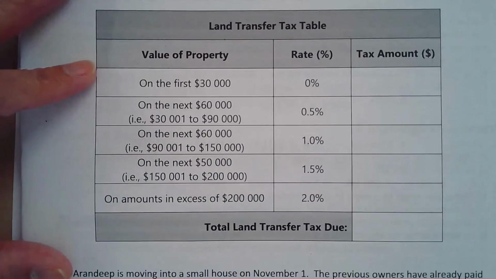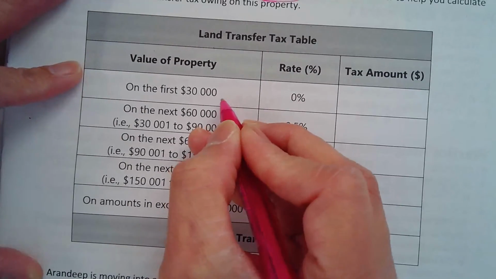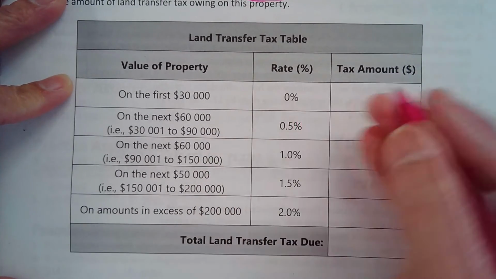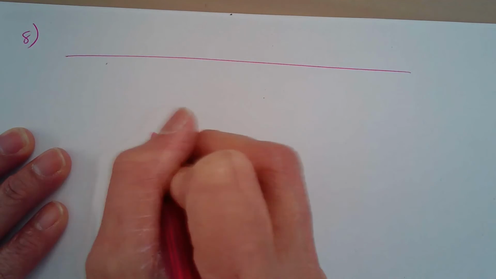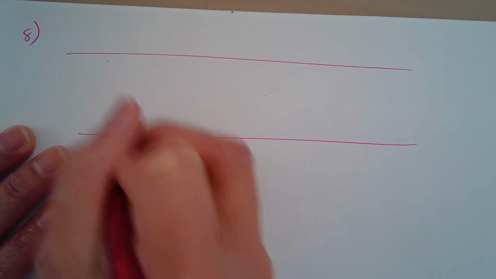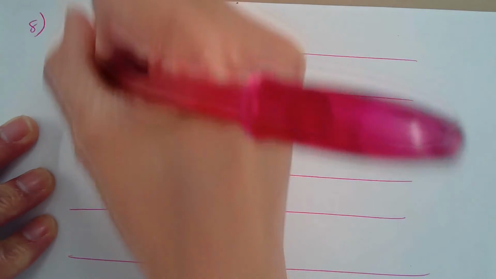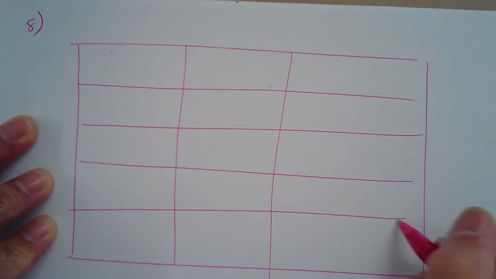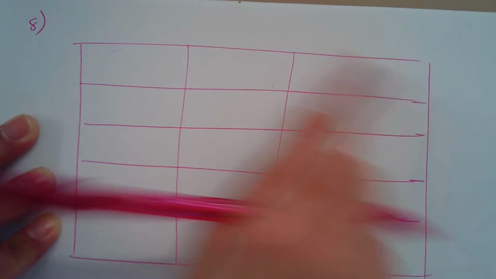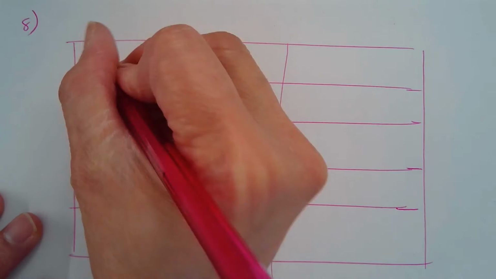So if you want to write that down, the value of property, the first 30,000 is zero amount. On your test, there's going to be a table already set up like this so that you can organize your thoughts.